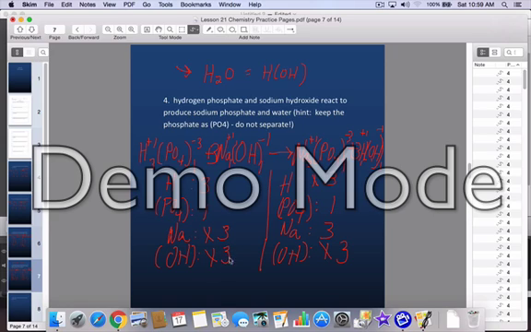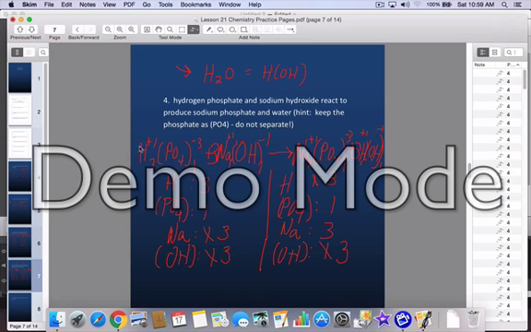Look at that. It fixed our hydroxides for us. So while fixing the sodium, we also fixed our hydroxides. So we're 3 and 3, 1, 1, 3, 3, and 3, and 3. Okay, so we have balanced this reaction like we have the others.